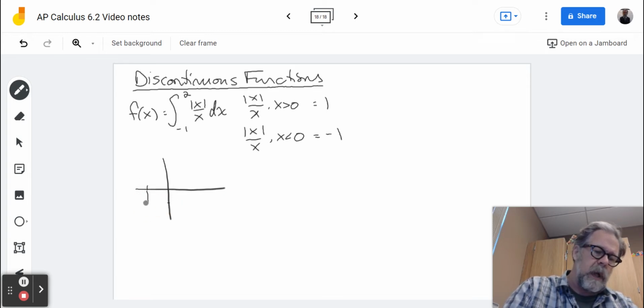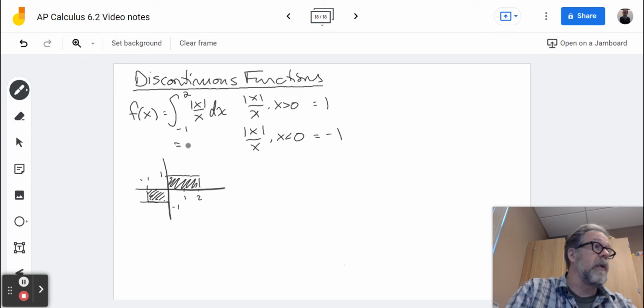Which means that this function graphing in the region of interest is going to look like this, and it's going to look like this, which means that we can see that this integral is just going to be equal to 1.